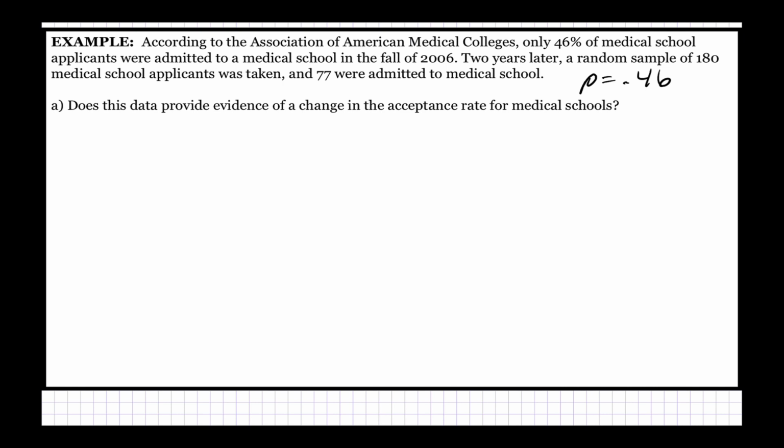I know P hat. What is P hat going to be? 77 over 180. Good. What else do I know? N is 180. It's a proportions question. Very good.